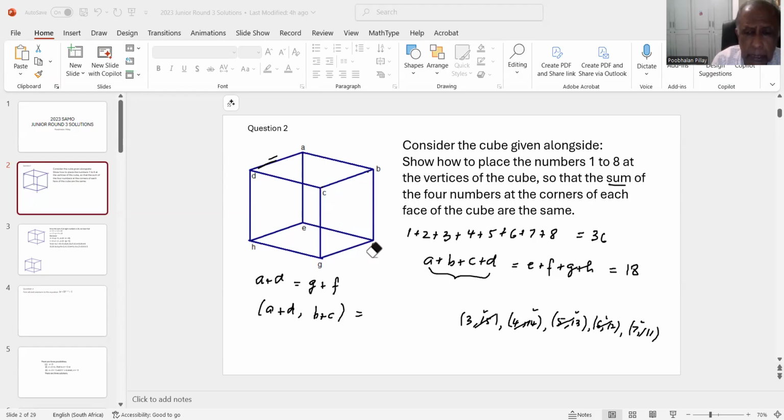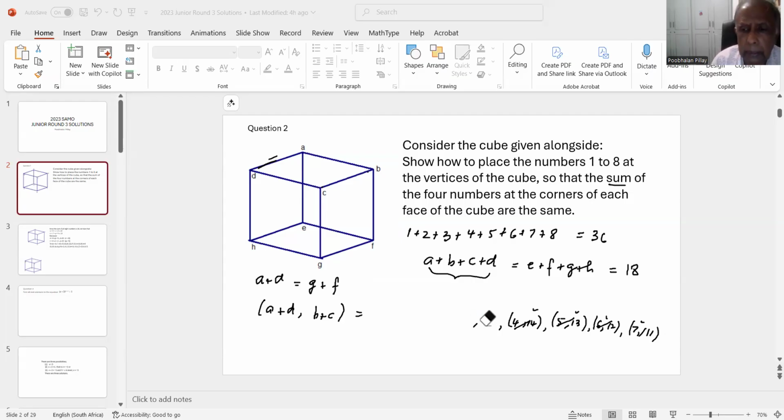But there's only one way to add up to 3. That's 1 plus 2. So you can't have this adding to 3 because that sum will be the same as this sum, right? This line here is common. And so that's out. The 3 is also out.